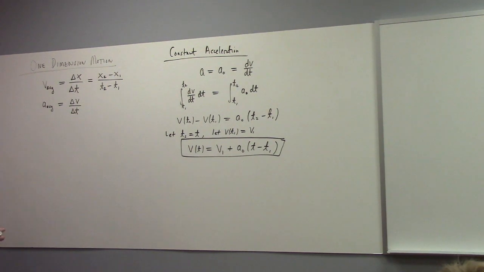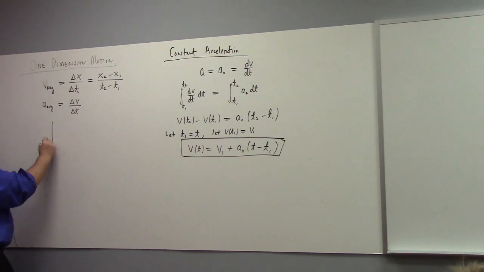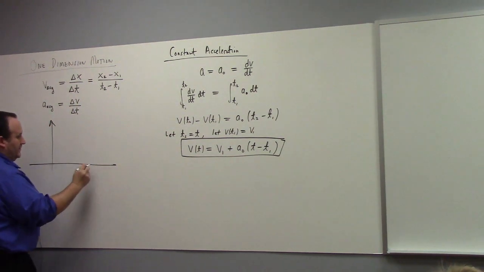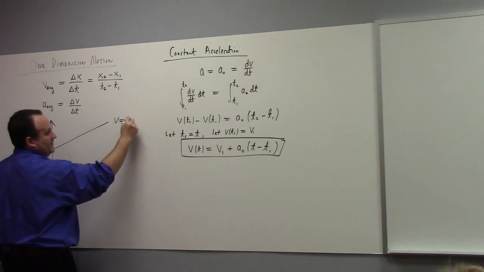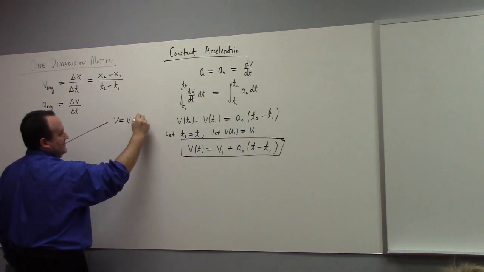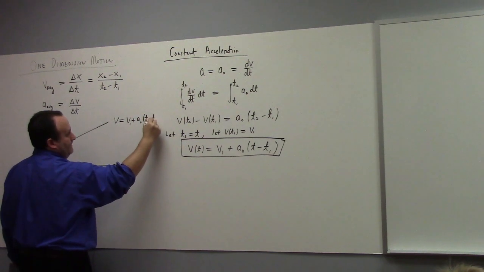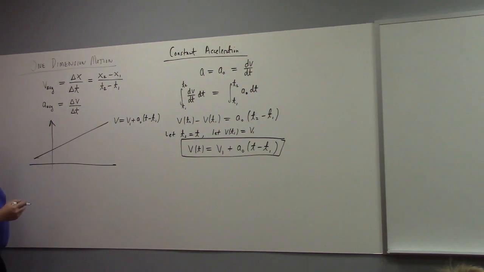Something interesting happens here in that you can graph that. All right, so if I graph that, v equals, say, v1 plus a naught times t minus t1, and if I look at, say, time 1 to time 2 there, something very interesting happens.